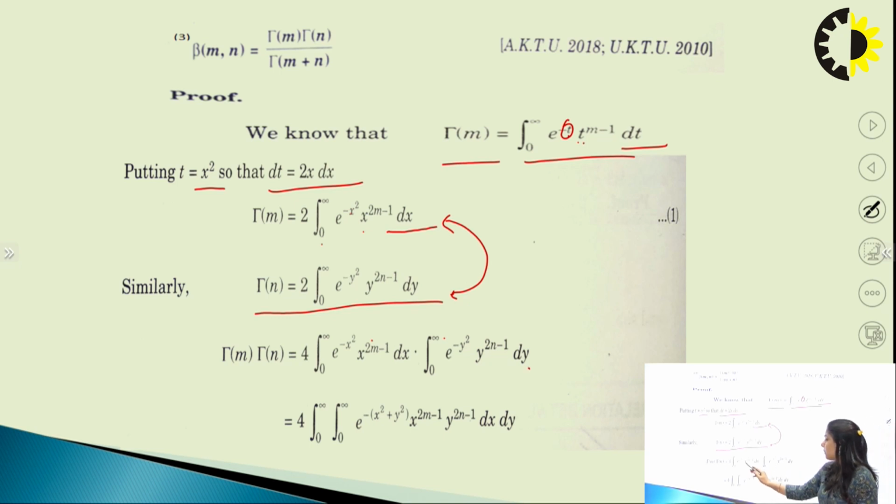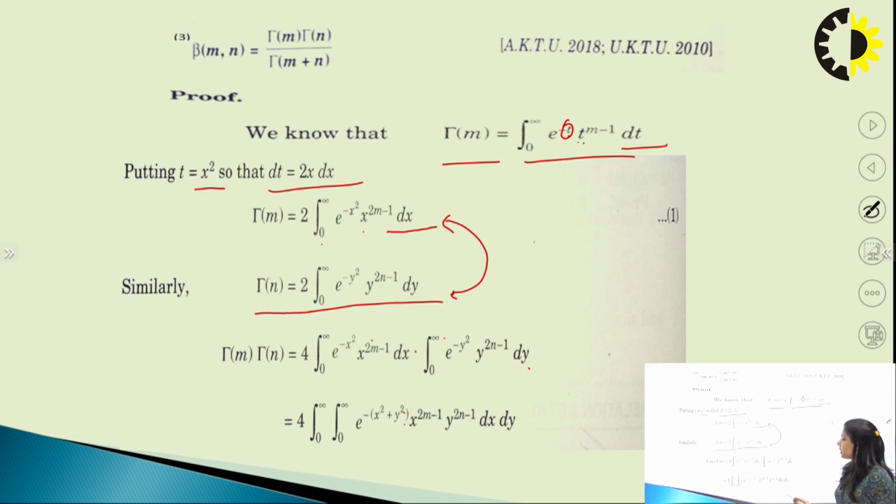Now we will simplify this. So for the double integration with the limits, both the integrations have limits 0 to infinity, e^(-(x^2 plus y^2)) into x^(2m-1) into y^(2n-1) dx dy.